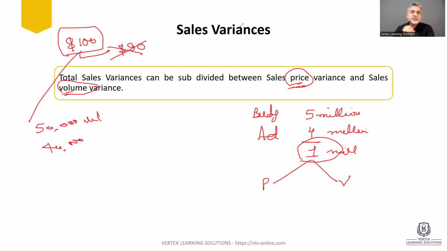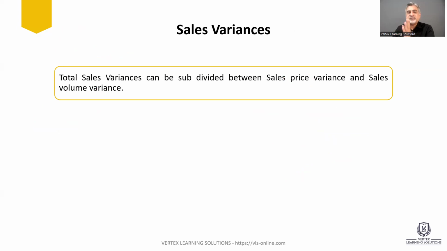And actually, the true name for volume variance is not volume variance. It should be sales volume contribution margin variance or sales volume profit margin variance. I will explain the difference. So to begin with, we know that sales variance is divided between price and volume.